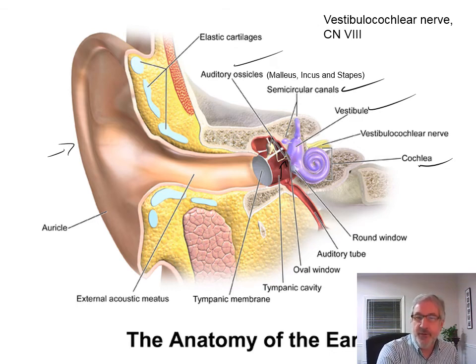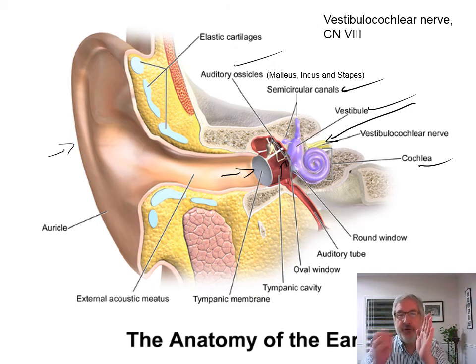And then we have the nerve right here. That's your vestibulocochlear nerve, that yellow right there. Here on the outside, there's your eardrum. The eardrum goes back and forth, the malleus, incus, and stapes are moving back and forth, and when the eardrum vibrates, it's transferring that vibration to what's called the oval window of the ear.